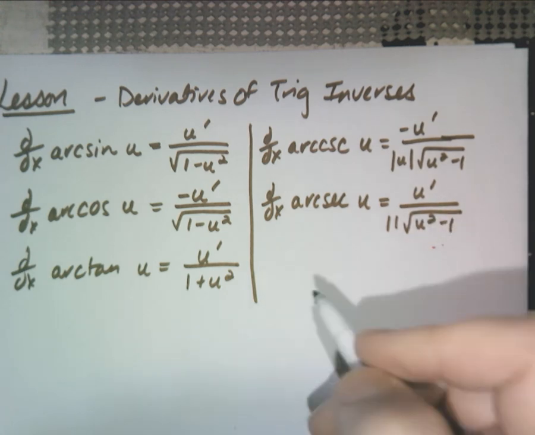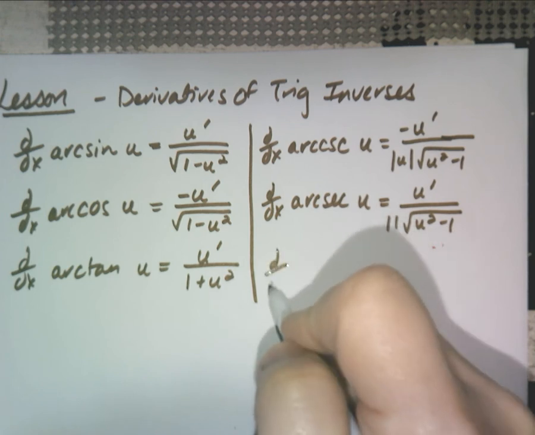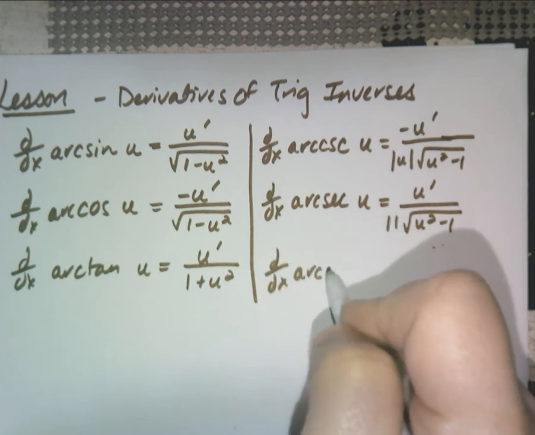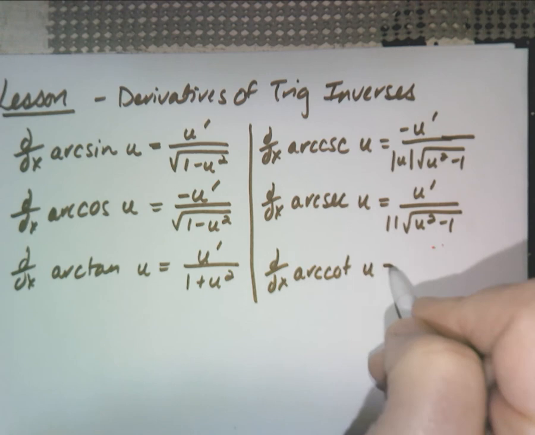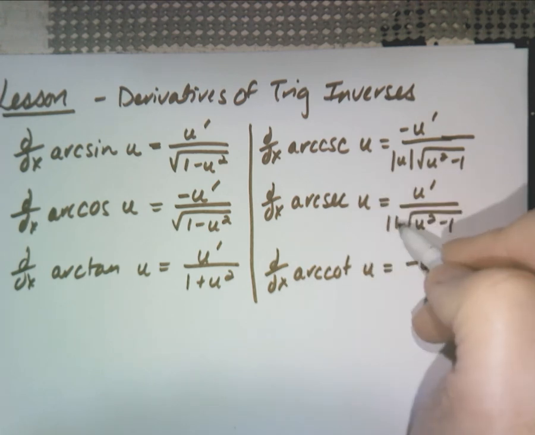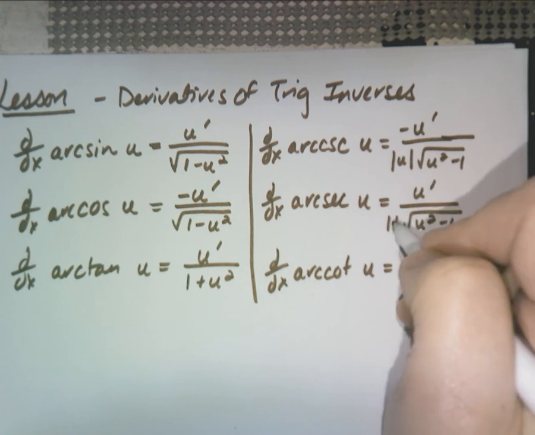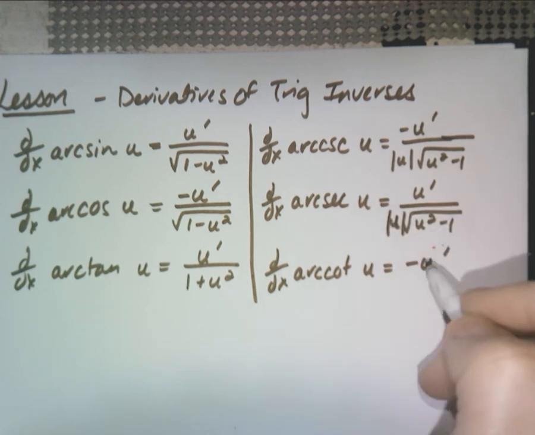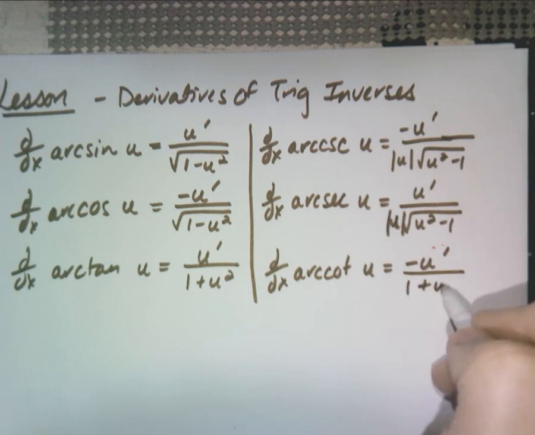Why did they write it so confusing? How is it confusing? It's a formula. Is that absolute value of u? Absolute value of u. Over 1 plus u squared.